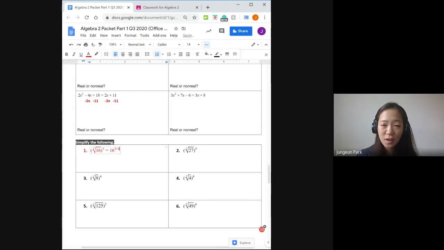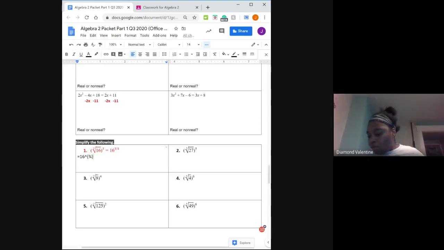Enter 16 to the power, and then 3 divided by 4 within the parentheses. Did you find the raise-to-a-power button?